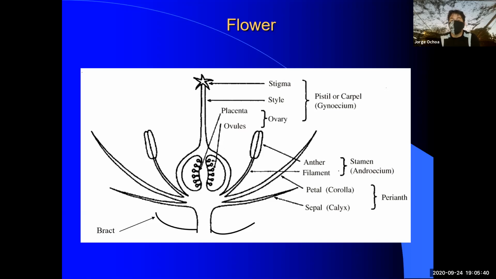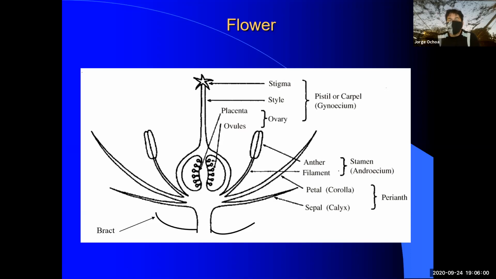So this will be the ovary of the flower. So collectively, the stigma, the style, and the ovary make up what is known as the pistil or the carpel of the flower. And the rightful word is going to be the gynoecium, or the female component of the flower.